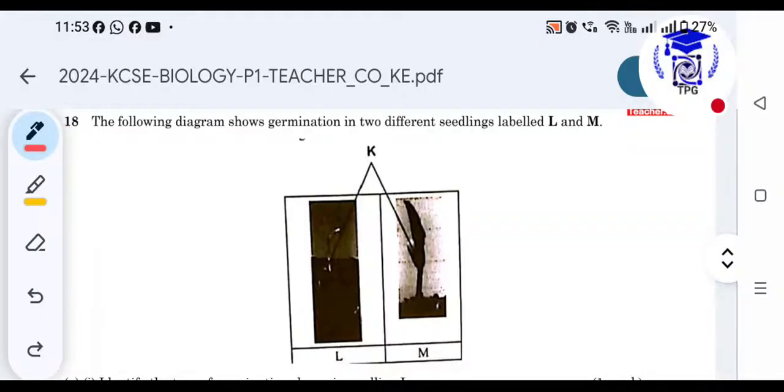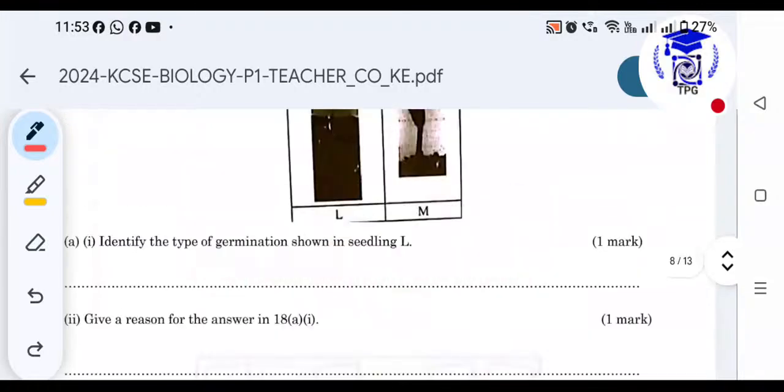L hiyo ni hypogeal. Hiyo ni mahindi. So the type of germination here is hypogeal.